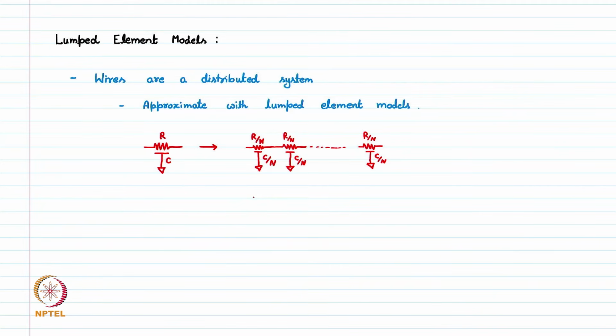A very famous model is the pi model, where we have this R and this capacitance, which is C by 2 at the start and C by 2 at the end. So this is called the pi model.